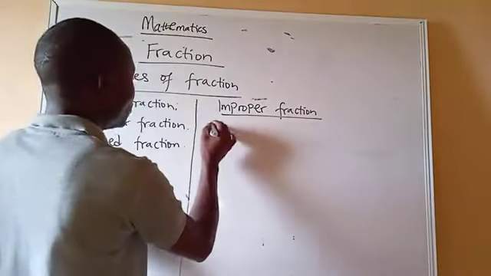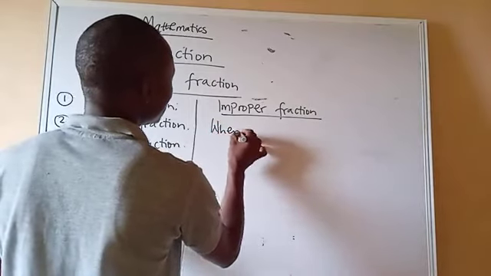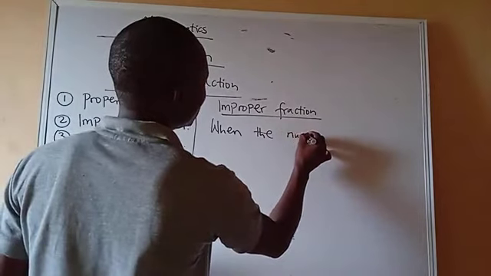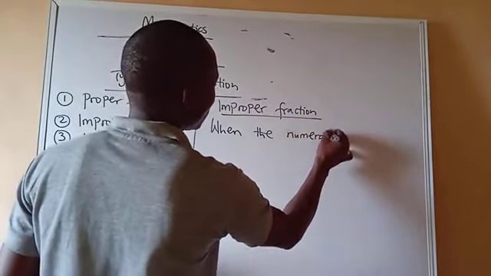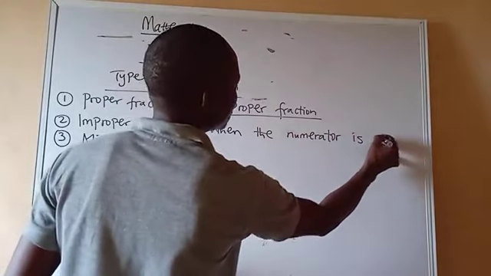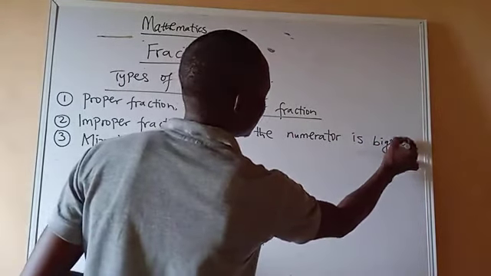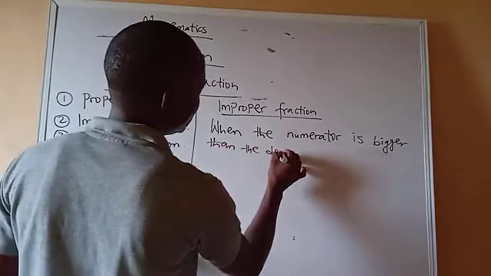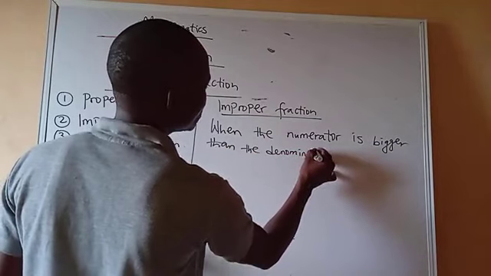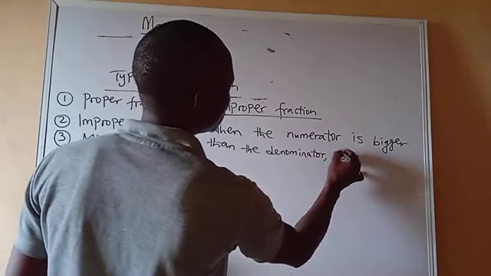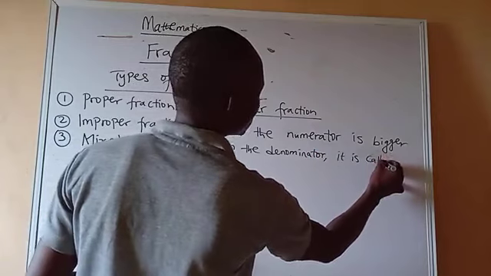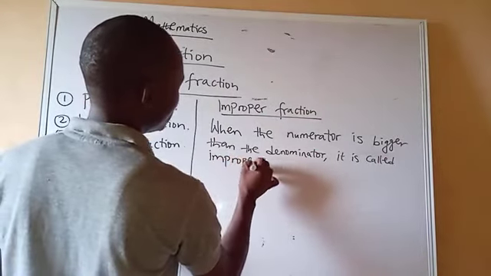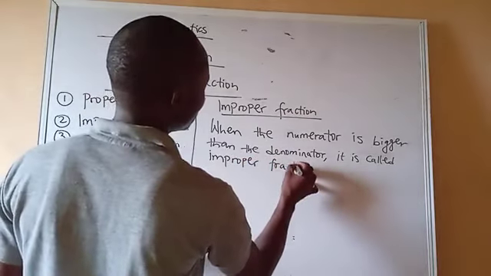Now, in this case, we said that when the numerator, let me use small letter n, when the numerator is bigger than the denominator, it is called improper fraction.